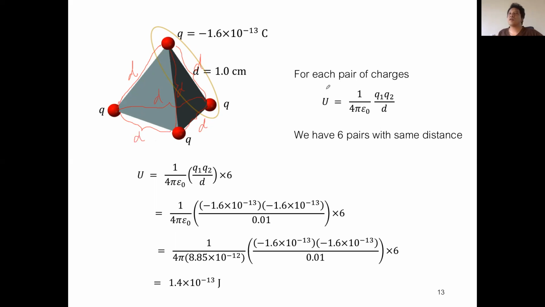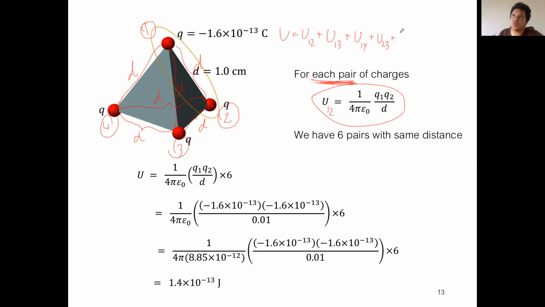If I try to find the potential energy for each pair, like U12, which is for charges 1 and 2, then U13, U14, U23, U24, and U34, we can find that U12 equals U13 and equals the last one.